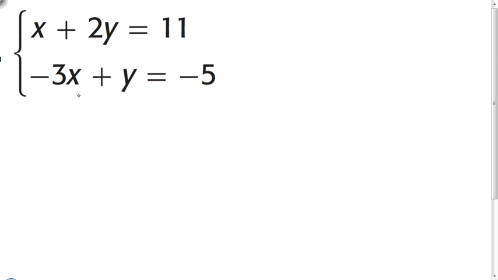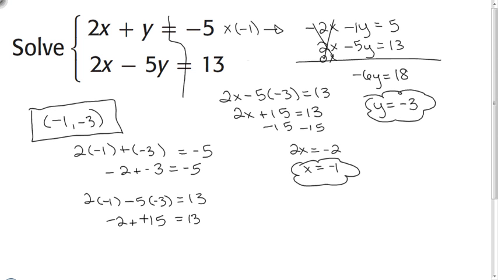Notice this system right here. When I go to solve it, again, I could use substitution on this. I could very easily do that, getting this equation to say y equals, or this equation to say x equals. In all the problems we've done so far, we could have just as easily done substitution. Notice this one right here. Of all my choices, I wouldn't want to solve for this x because I'd have to divide by 2.